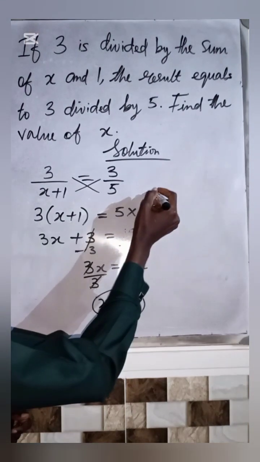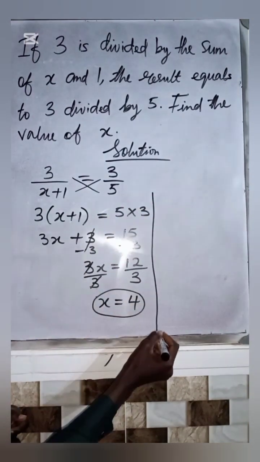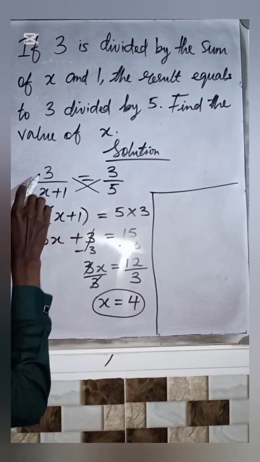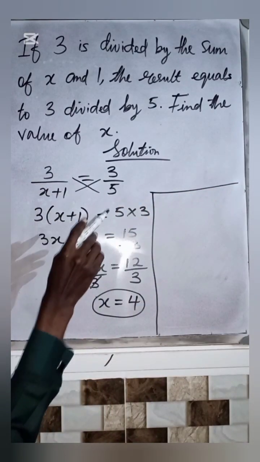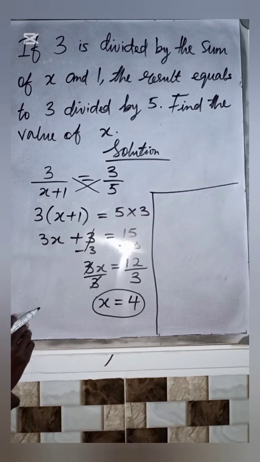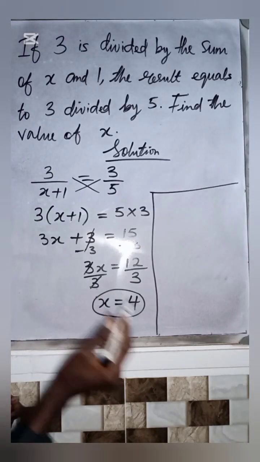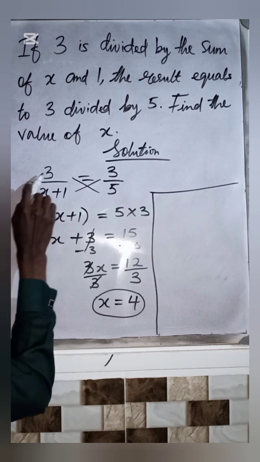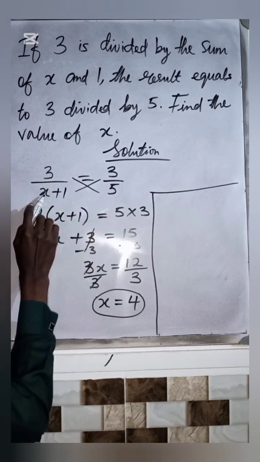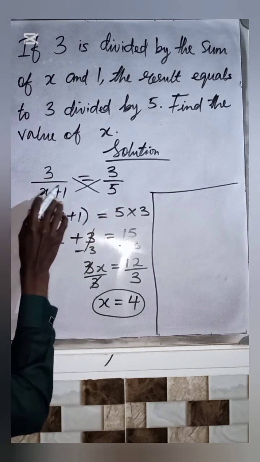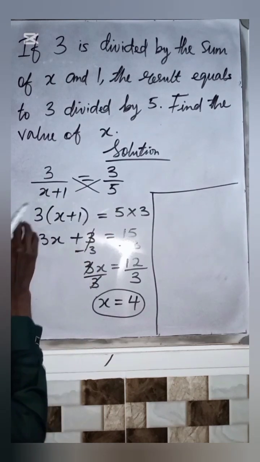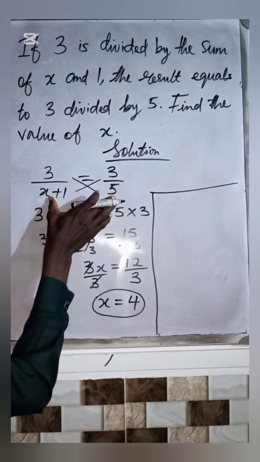And if this is an objective question, there's a simpler way of approaching it. Once you notice that the numerators are of the same value and the unknown is in the denominator, like in this one, x plus 1, and we have 5 over here, you just equate the denominators.